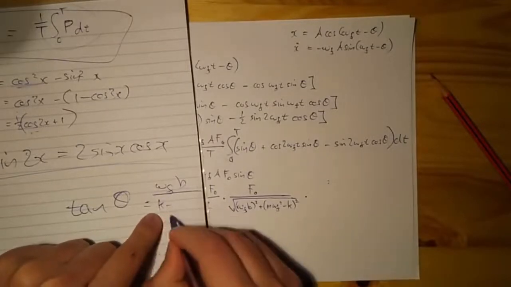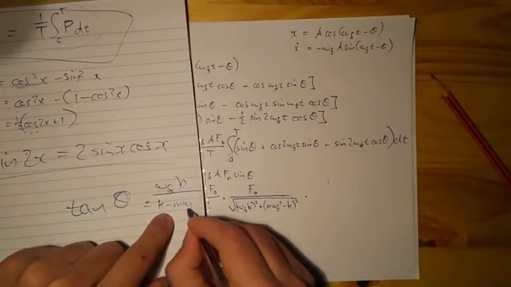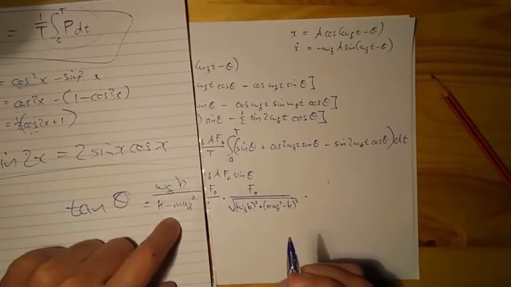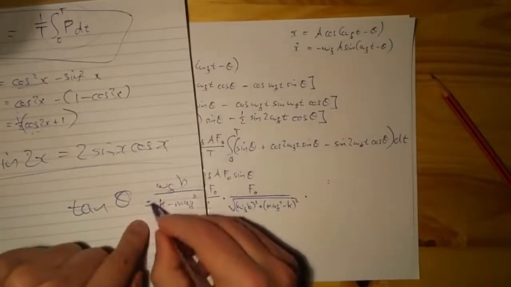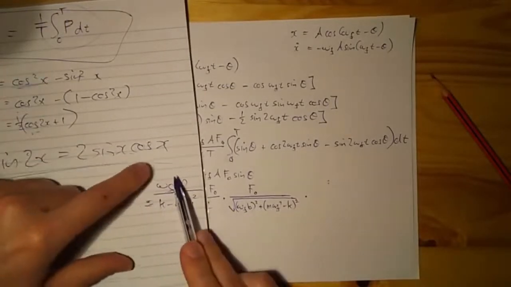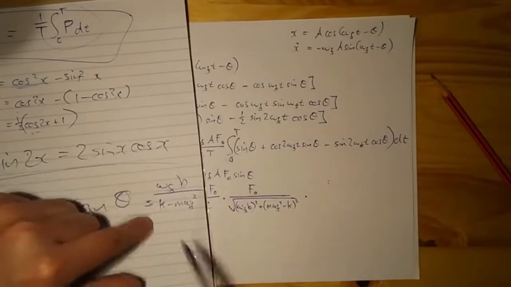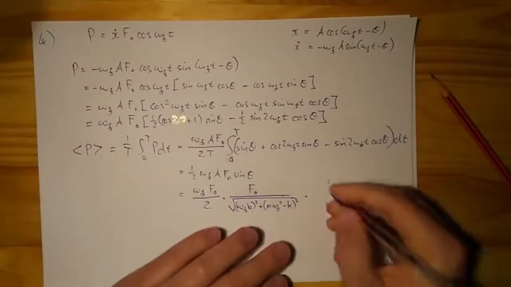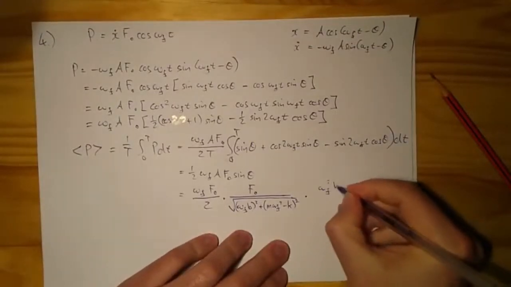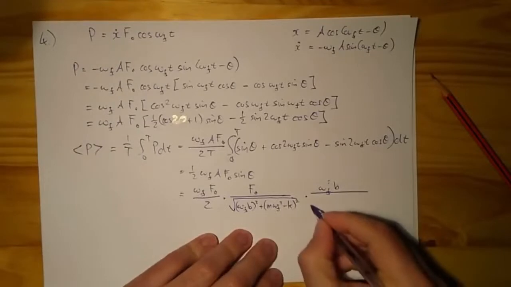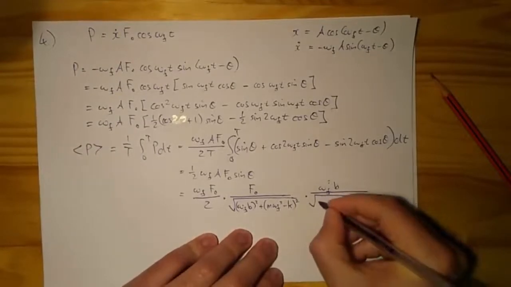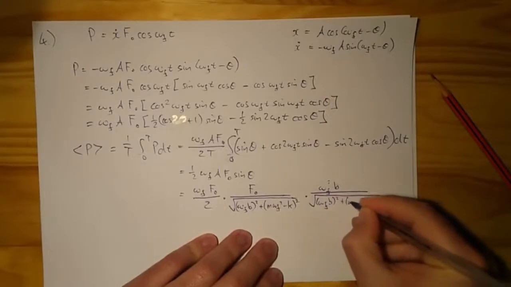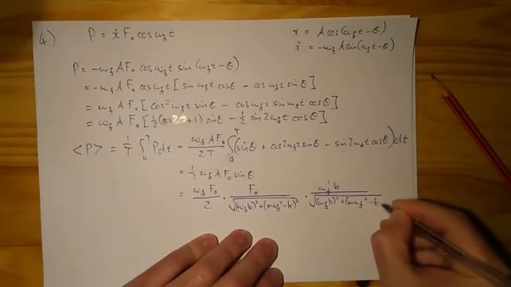I think it was the other way around. k minus m omega f squared. Yes, it was like this. Good. Now if you interpret that as a y over an x term, then sine of theta is therefore equal to omega f b over the same square root: omega f b squared plus m omega f squared minus k squared.